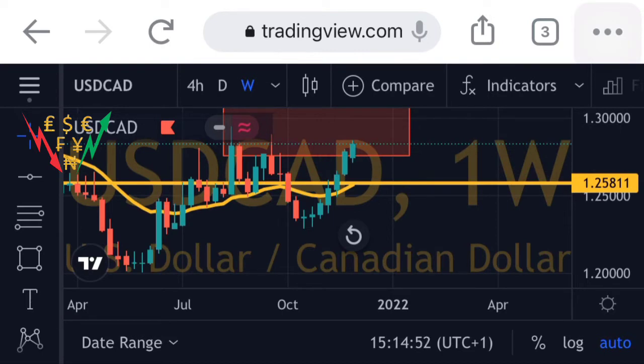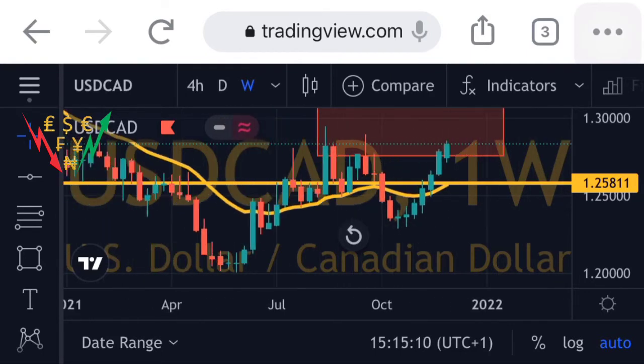The moving average, guys, connotes a dynamic resistance and support level. It's that simple. The moving average can tell you the resistance and support level if you're using it correctly.